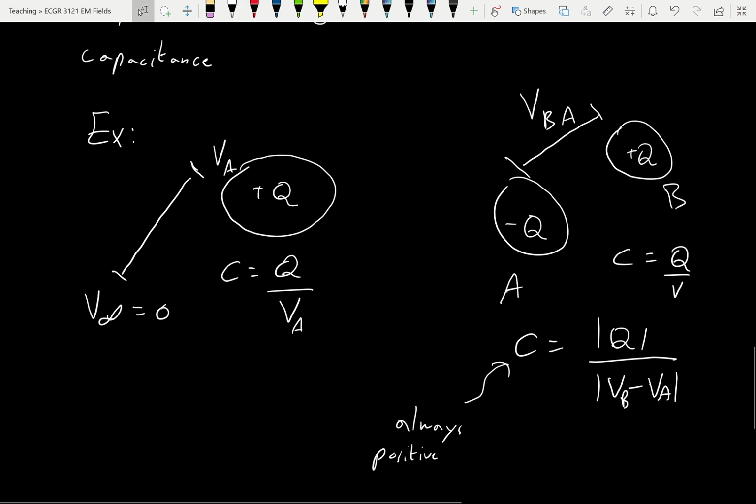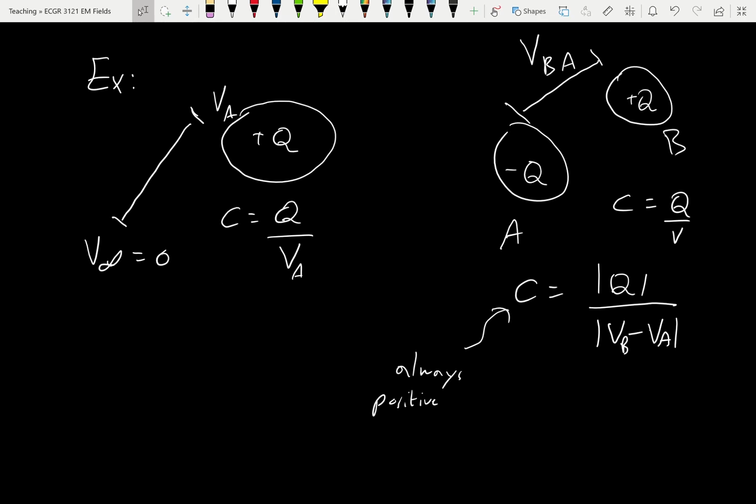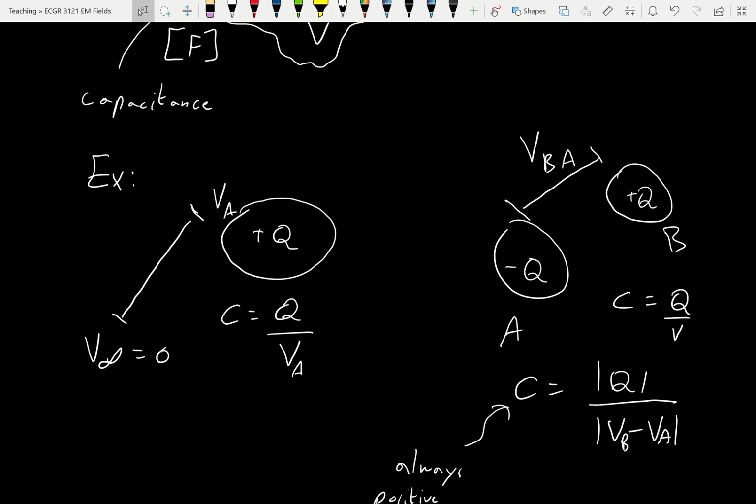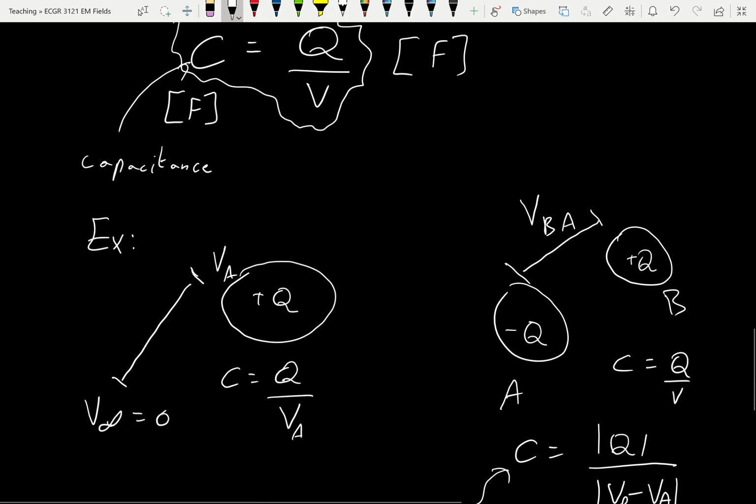All right, so this is the concept. Oh, by the way, when we talk about capacitance, we're talking about voltage difference between two components of the object, or the object itself and infinity.